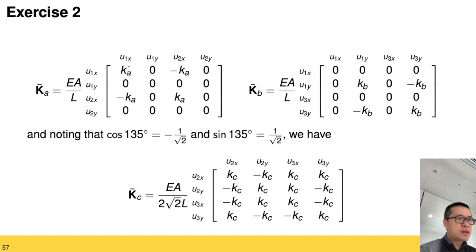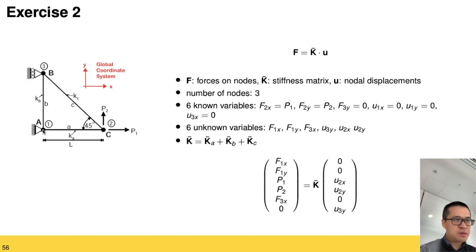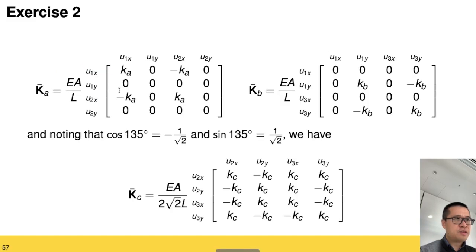For A, you basically see that it only couples along the x direction. There's nothing along the y direction. It's only coupling between 1 and 2. So we have U1x, this diagonal bit, as we said before, is the spring constant.